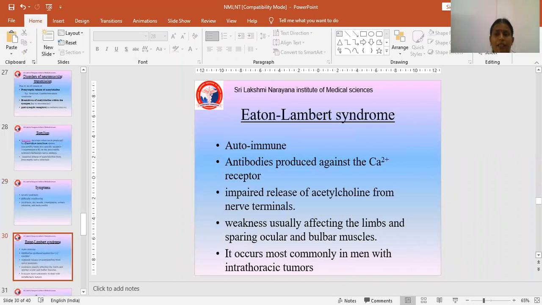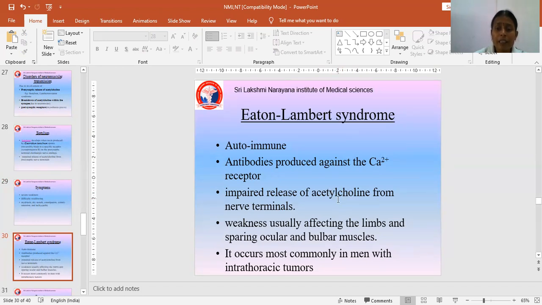The next condition is Lambert-Eaton syndrome, or Eaton-Lambert syndrome. It is an autoimmune disease. In this condition, autoantibodies are produced against the calcium receptors, so that due to non-availability of calcium, the acetylcholine vesicles are not fused with the presynaptic membrane.